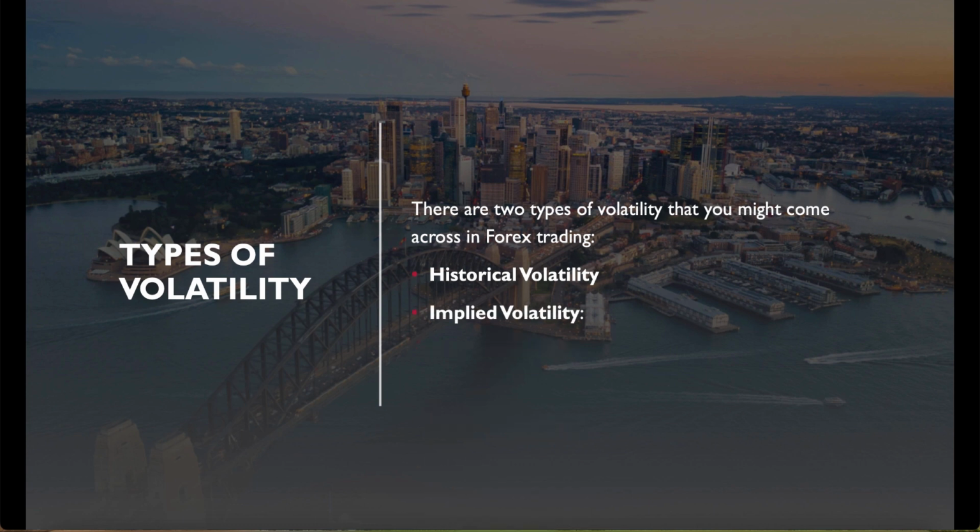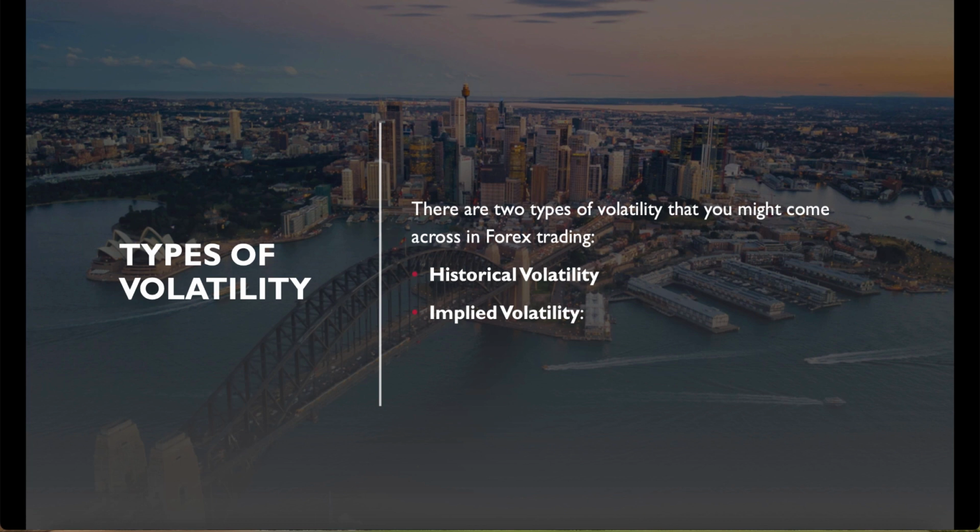On the other hand, we've also got implied volatility. This basically refers to the market's expectation of future price movement. For example, something good is happening in Europe: inflation is going down and the economy is boosting. We can use that as a fundamental factor to anticipate that the euro is going to get stronger.